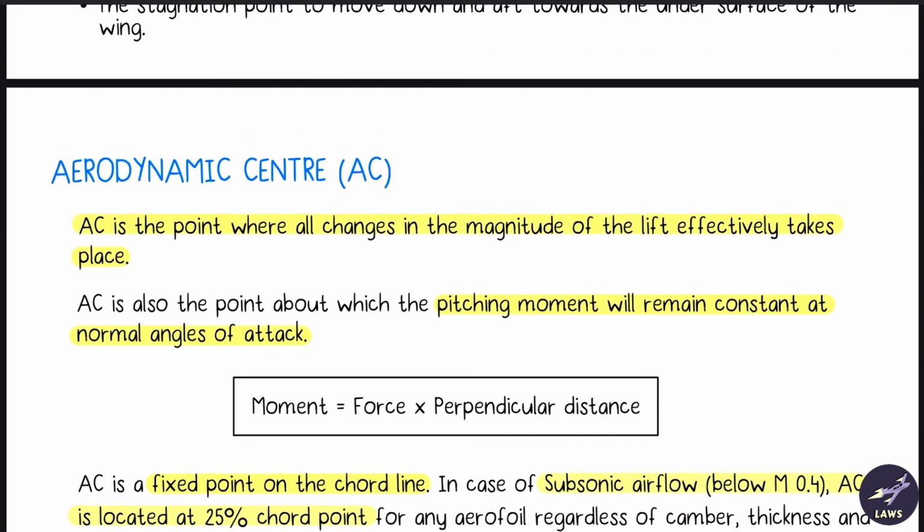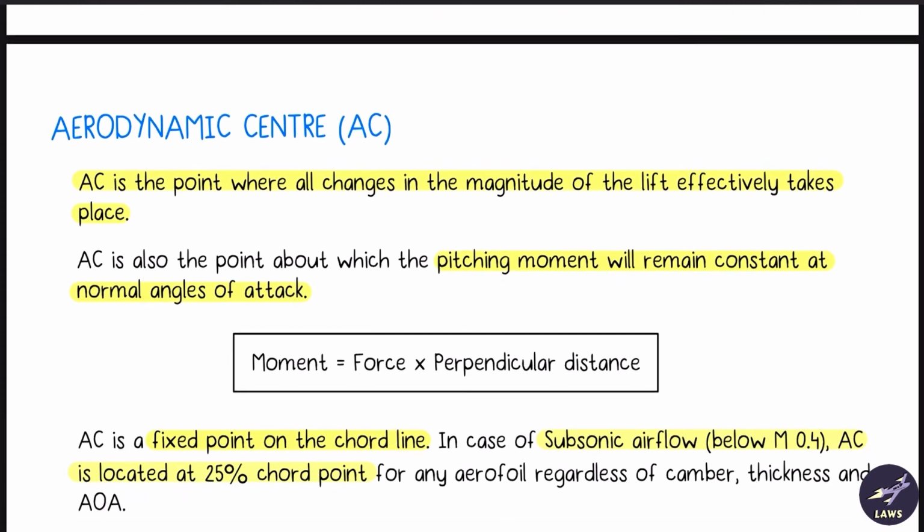Now we have something known as the aerodynamic center. It is the point where all changes in the magnitude of lift effectively take place. AC is also the point about which the pitching moment will remain constant at normal angles of attack. That is, within the normal range, the pitching moment will remain constant.